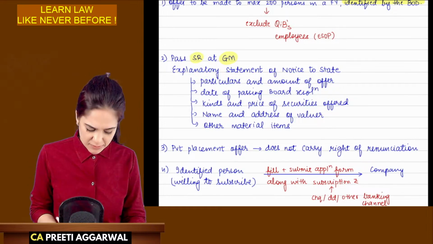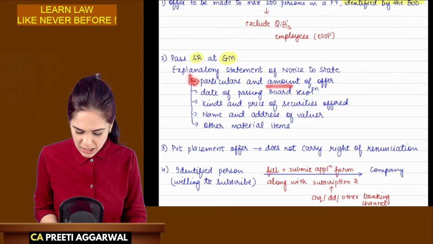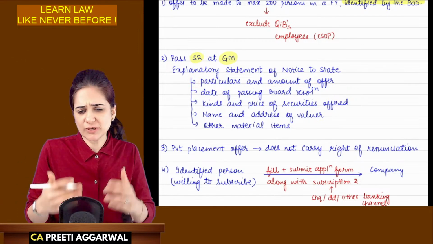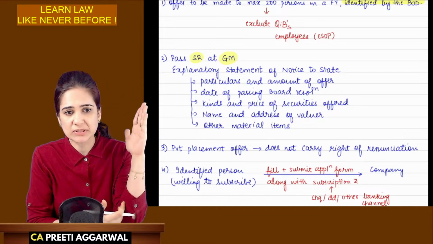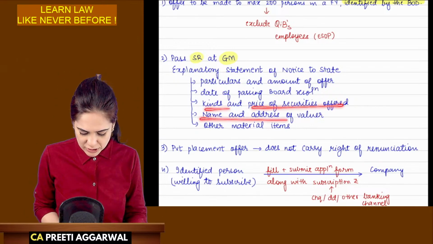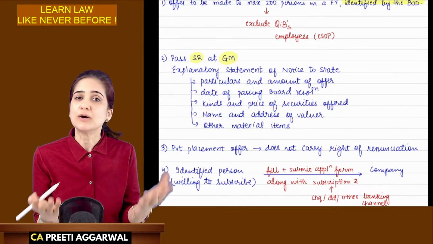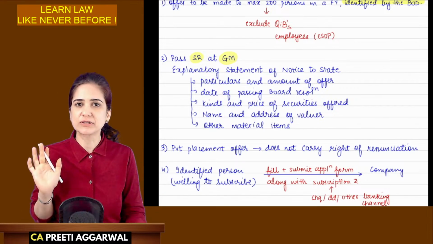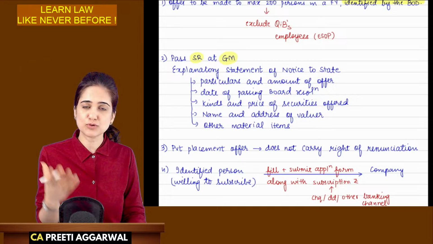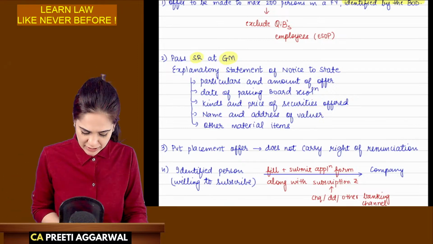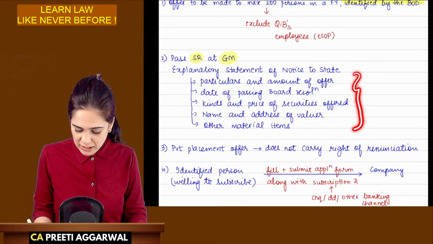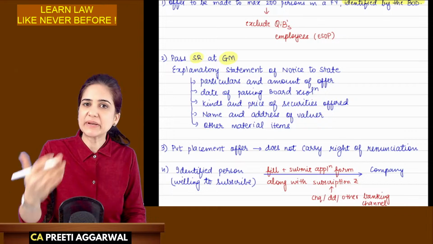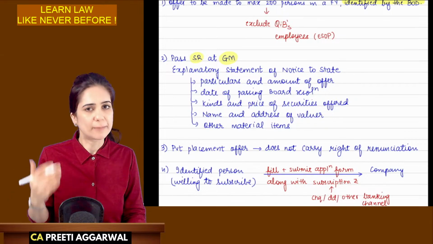That explanatory statement will have to mention the particulars and the amount of the offer, the date of passing the board resolution wherein the board proposed that we should offer the securities to this list of persons, the kind and price of securities offered, the name and address of the valuer who has valued the securities. So the valuer will decide the price at which you can offer the security. So we want the name and address of the valuer and how he has made the valuation and any other material item. This will give the investors, the shareholders, a clear idea as to how the company is planning to raise the money through private placement.